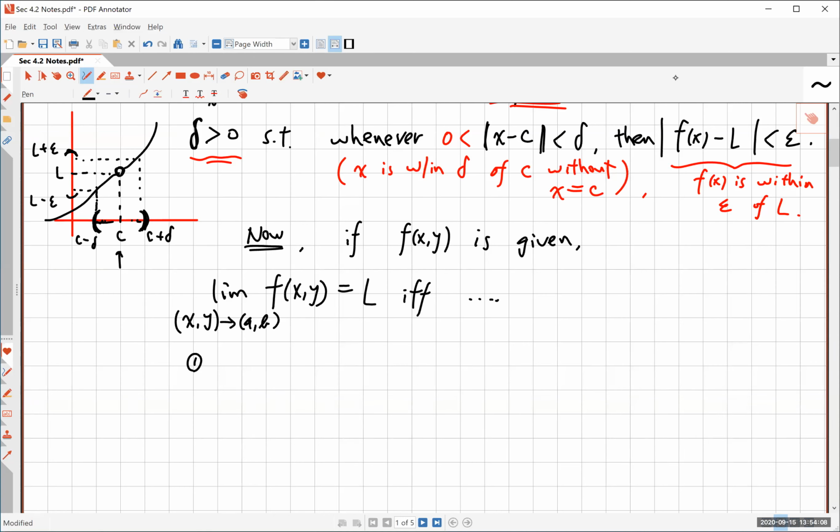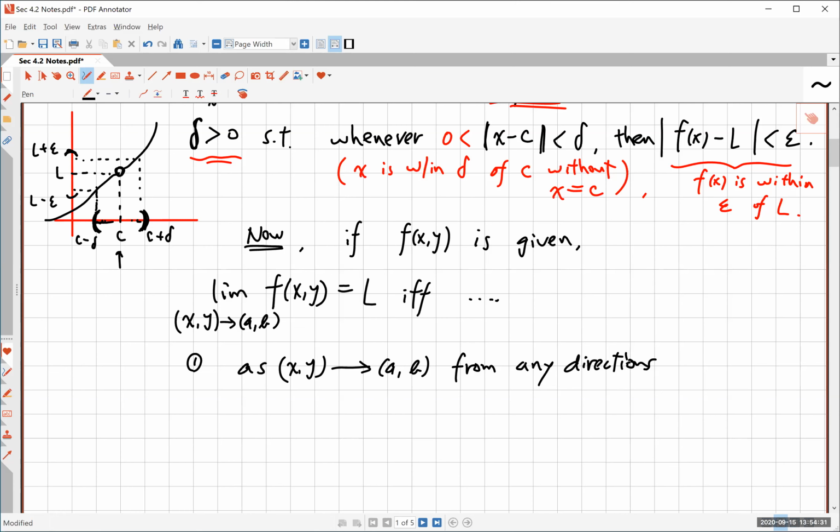Okay, so we can say in one way that as x, y approaches a, b, not from both, but from any direction. Remember, because now we have infinitely many directions along which x, y can approach a, b.